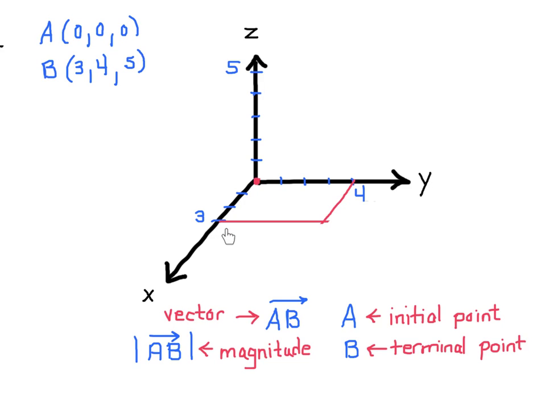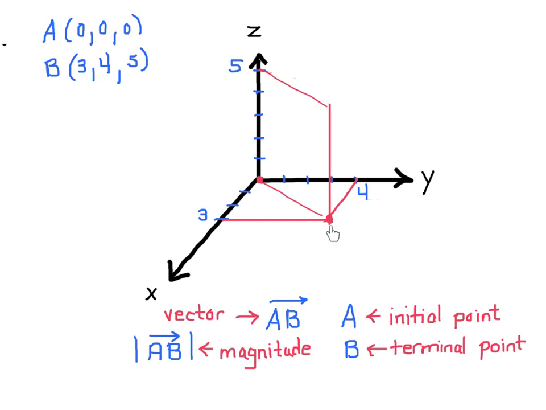So here I come out 3 units on the x-axis running parallel to the y-axis, and then I come out 4 units on the y-axis running parallel to the x-axis, and I have a point in my xy plane. Now I go up in the z direction, and I end up at this point right here. This is the point in 3D space, and it is the point 3, 4, 5. X is 3, y is 4, and z is 5.